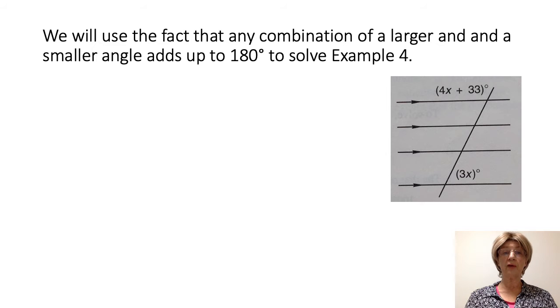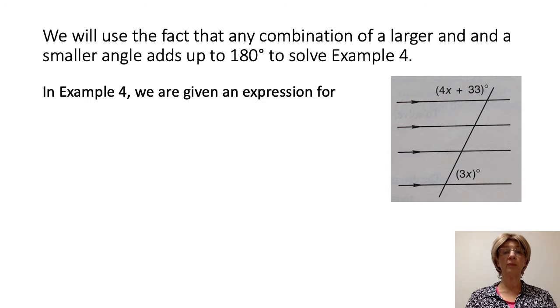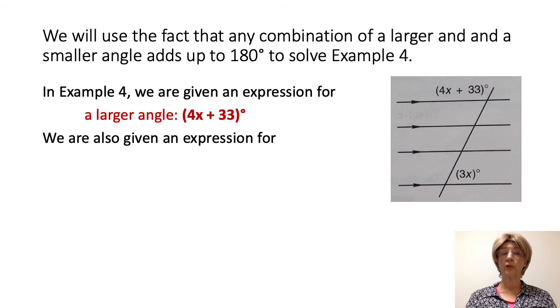We will use the fact that any combination of a larger and a smaller angle adds up to 180 degrees to solve example 4. In example 4, we are given an expression for a larger angle, 4x plus 33 degrees. We are also given an expression for a smaller angle, 3x degrees.